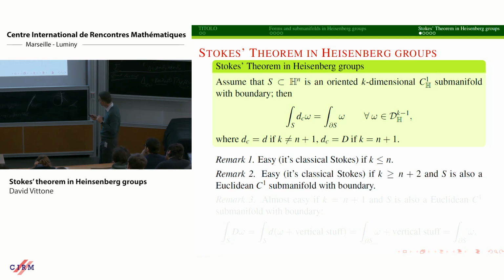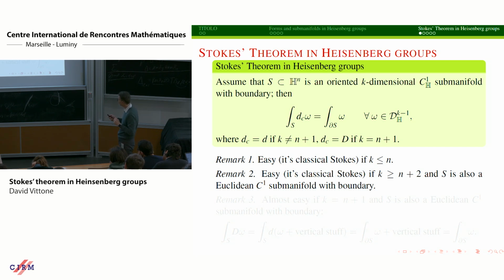Again, there is a case where the theorem, Stokes theorem, is quite easy, because now it's true that when S and its boundary is not just a submanifold with boundary with respect to the intrinsic geometry, so a C1H submanifold with boundary, but also a C1 submanifold with boundary, then everything is again classical Stokes, okay?